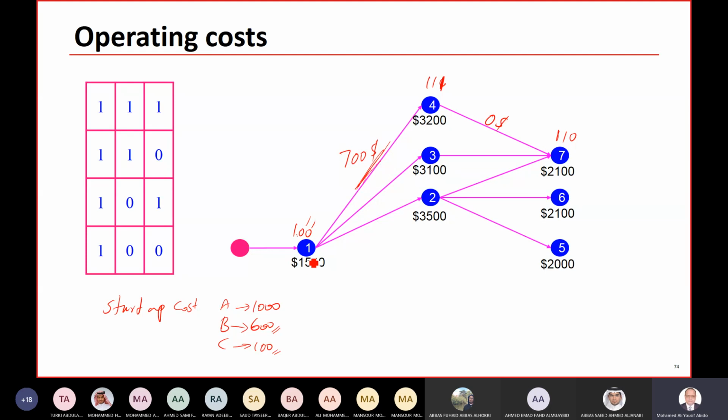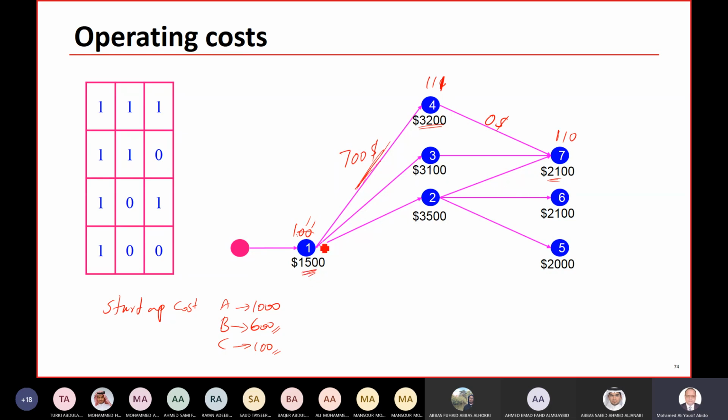Okay. So if you want to calculate the total cost associated with this path, with this solution, the operating cost here is 1,500, and we have a startup cost here of 700, plus 1,500 plus 700, and we have an operating cost here of 3,200, plus 0 cost here for starting up, plus $2,100 here.